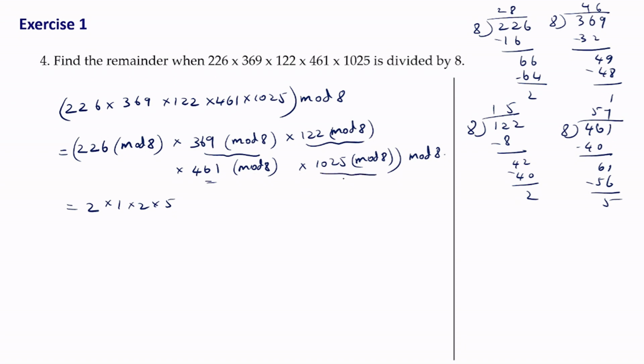When we divide 1025 by 8, we get the remainder as 1, because 1024 is divisible by 8. When we multiply all these, it is 20 mod 8. When we divide 20 by 8, we will get the remainder as 4. So the remainder when this term is divided by 8 is 4.